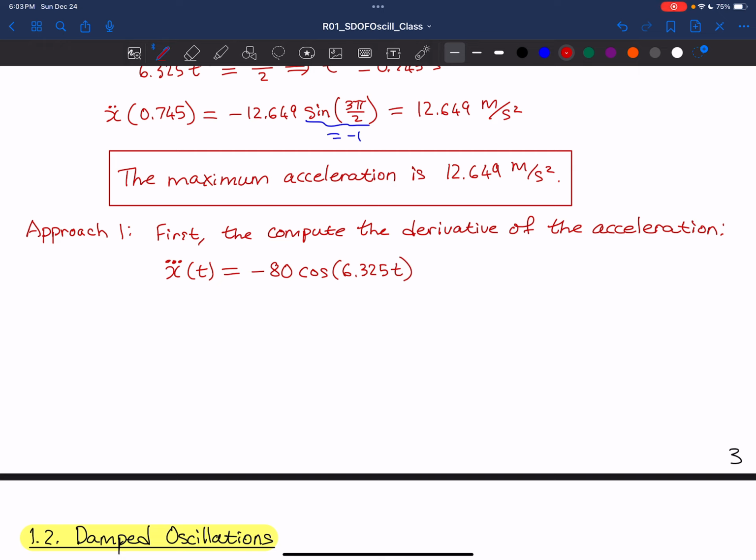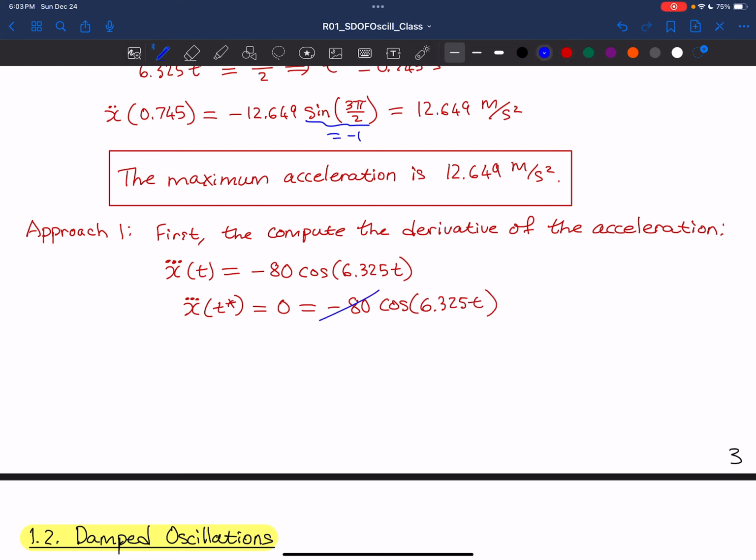We can then set that equal to 0. So we'll say x triple dot of t star is equal to 0, which is equal to minus 80 times the cosine of 6.325t.